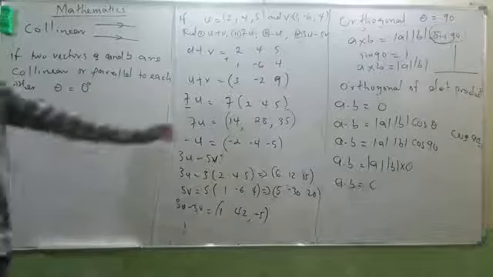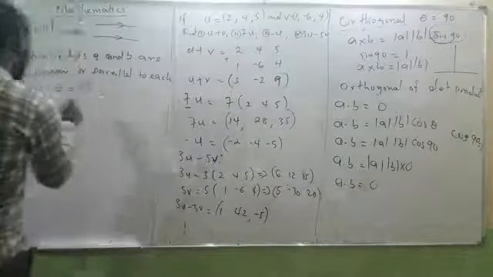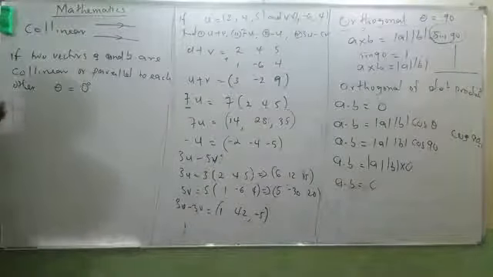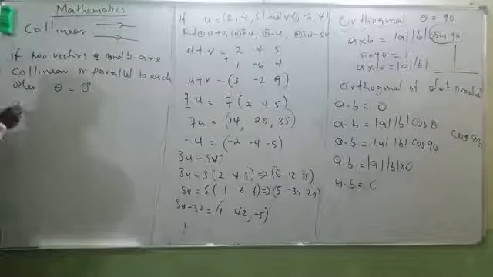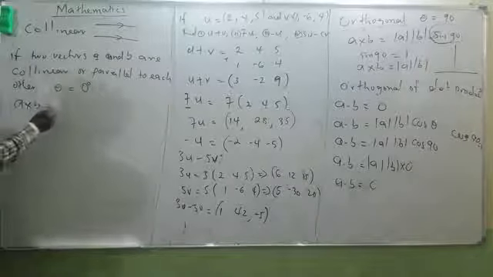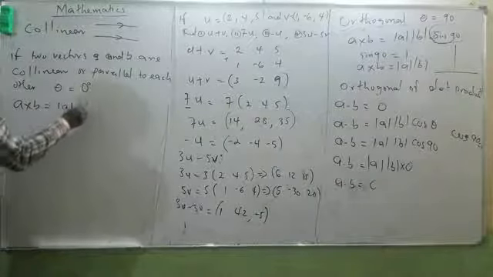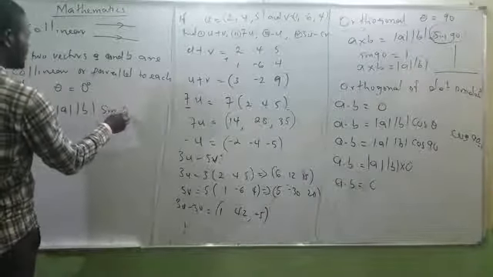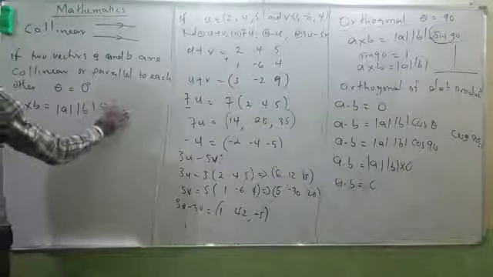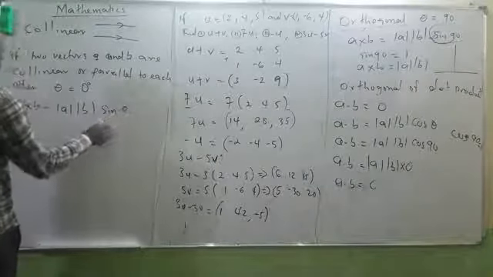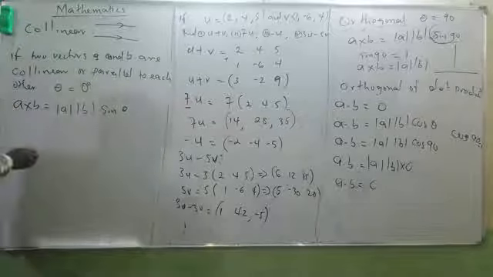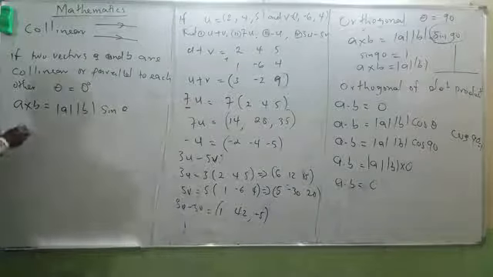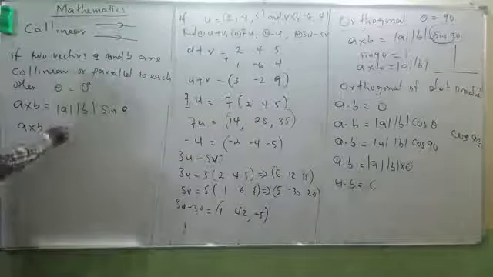You know the implication on dot product and cross product. A cross B will be equal to magnitude A, magnitude B, and sine theta. My theta becomes 0. Sine 0 is 0. It means A cross B will be equal to 0.